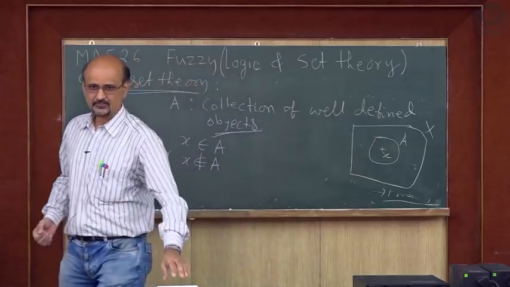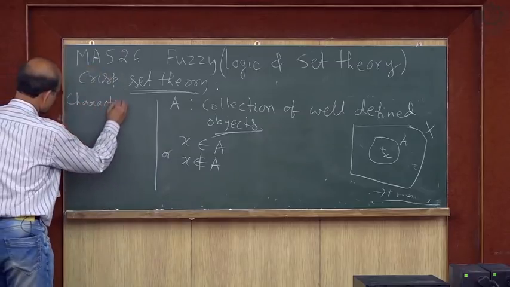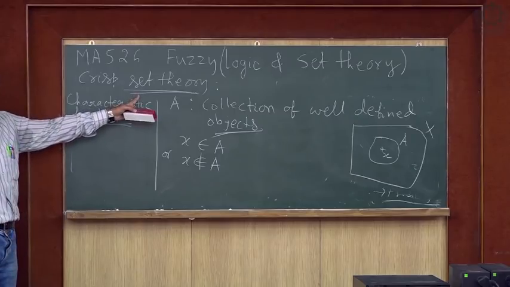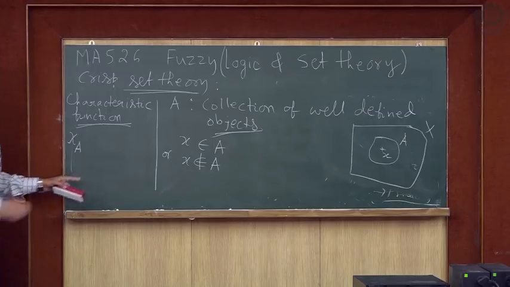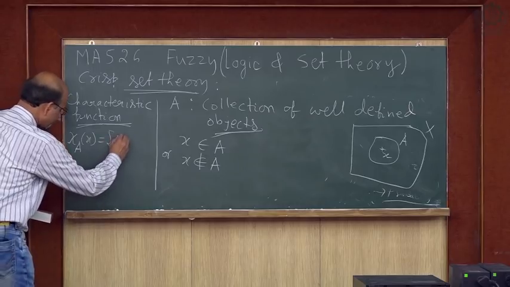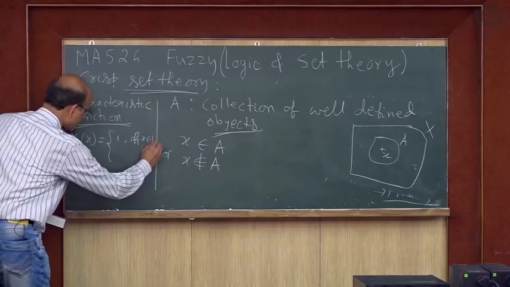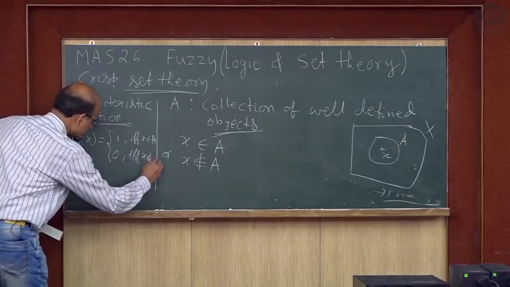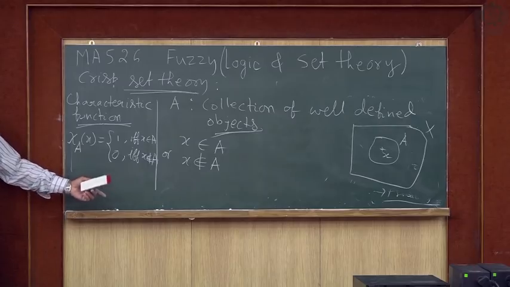So what about the characteristic function? If I define this characteristic function for set A, I can write chi A of x is equal to 1 if and only if x belongs to A, and 0 if and only if x does not belong to A. This is your definition, straight away 2 answers.